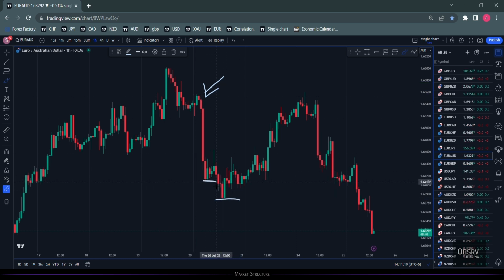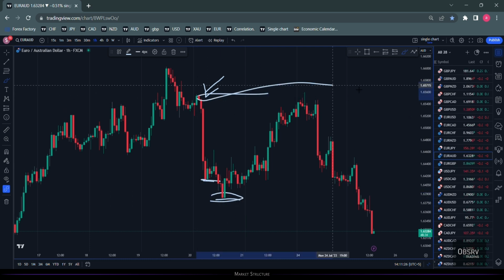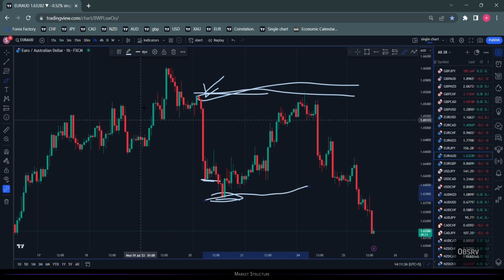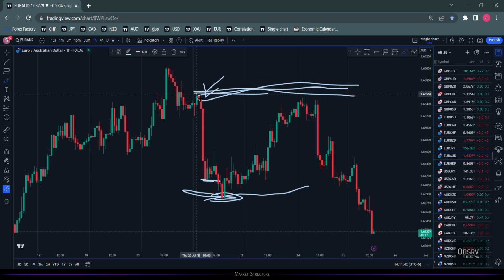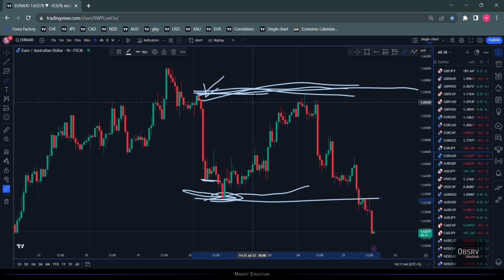Arguable if this is the playing field of the seller, but it does not really matter, because you're looking at the pullback that is coming in a higher high and higher low sequence, right? So now, after you've established the fact that the price started from here, went all the way down to there, this is the playing field of this seller. It's his territory as long as we're in between all of this stuff, right?